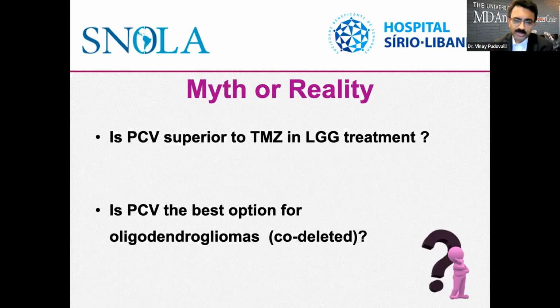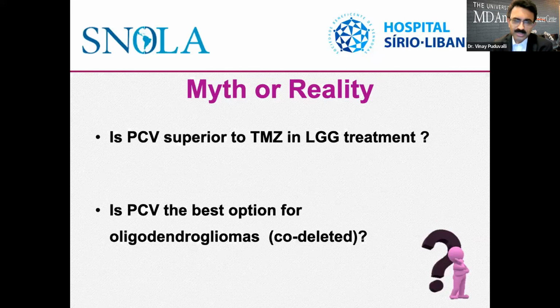Otherwise, in lower grade tumors, like Dr. Sinning was saying, 45, that's the time of detection of this tumor. If that tumor had been in a more eloquent area, it may have been detected when the patient is 40 or 35. And then if the gross total resection is done, do you treat or not treat? So I know purists that would say if it's below 40, you observe. Above 40, the risk of recurrence is higher, so you treat.